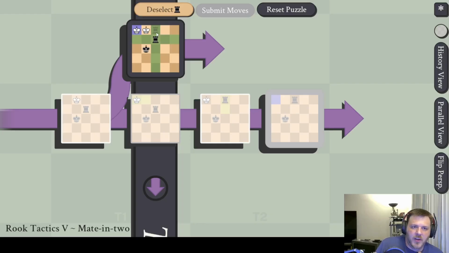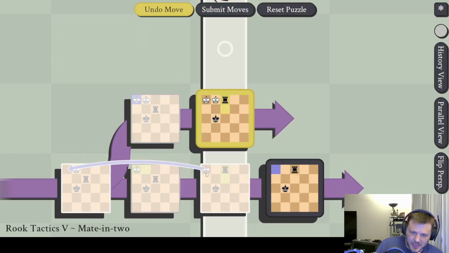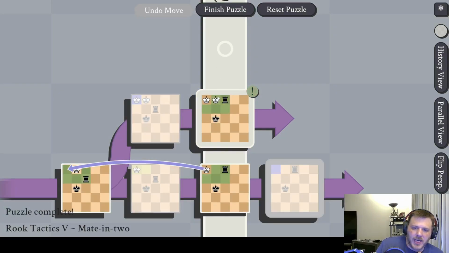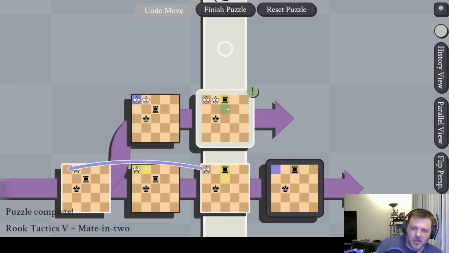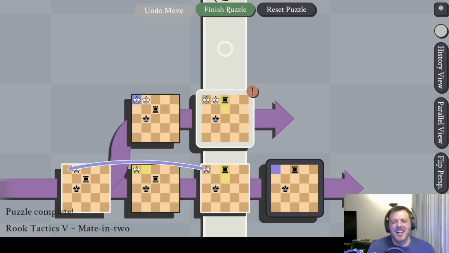And then I can move up, and my rook is protecting my rook, and the king is pinned to the king, so we're good. Yep. So he can't capture the rook because this rook is protecting it from across the timeline. And the king is pinned to the king.